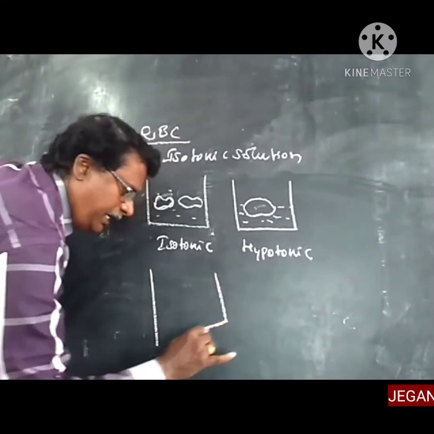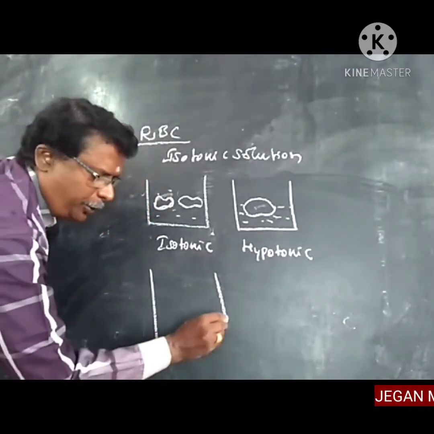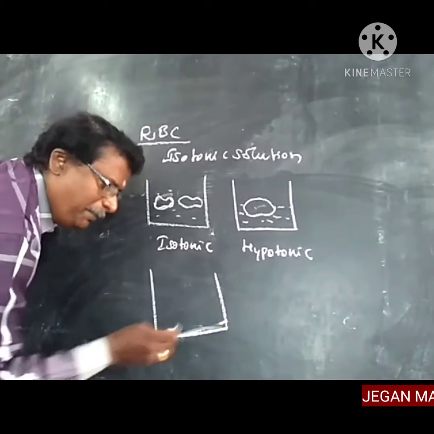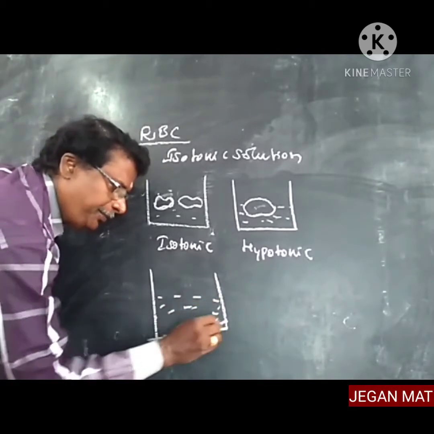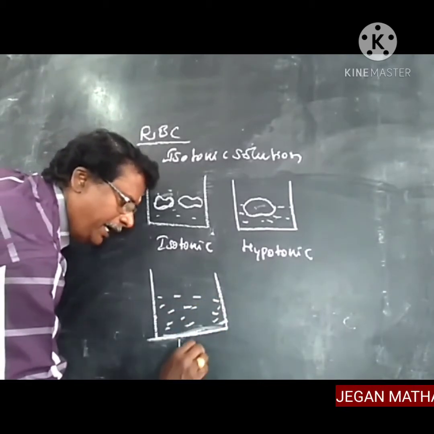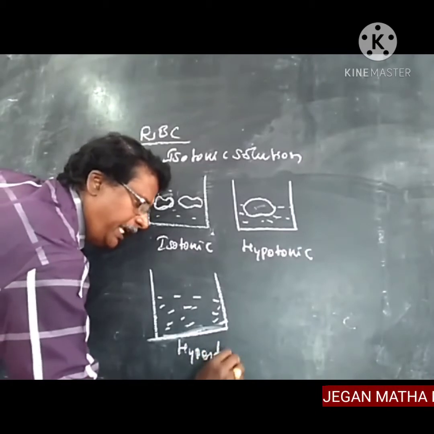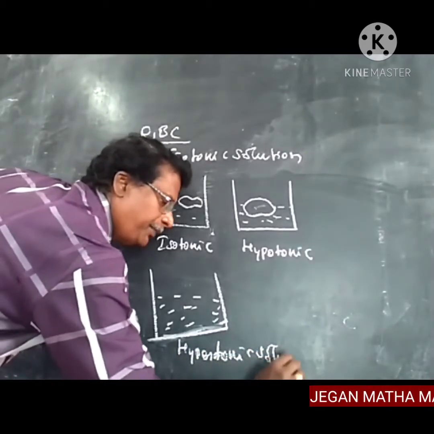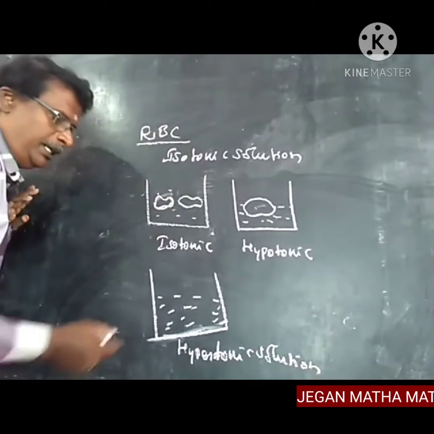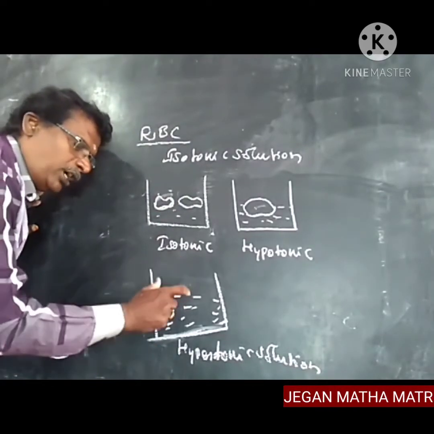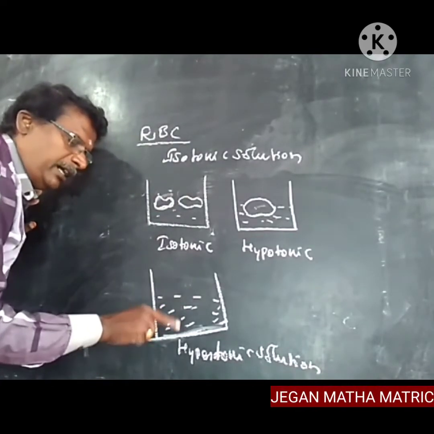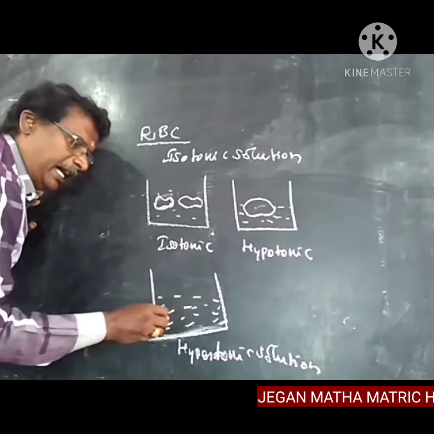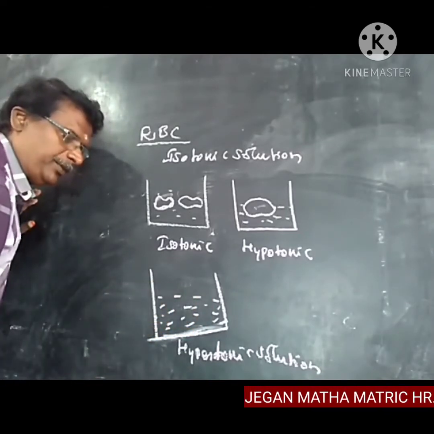Now the RBC is put into a hypertonic solution. It means inside the RBC there is a low concentration, and outside the RBC, in the surrounding medium, there is a high concentration.